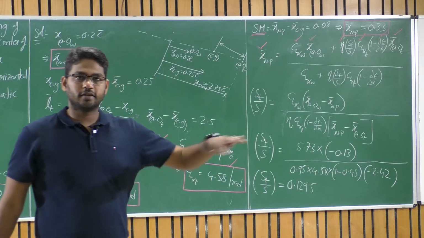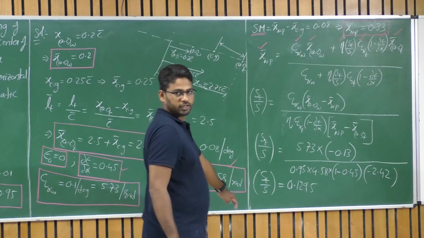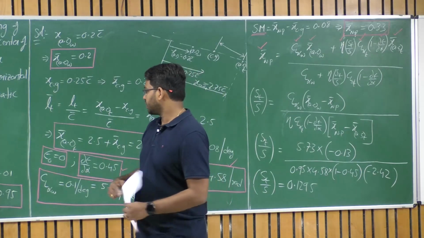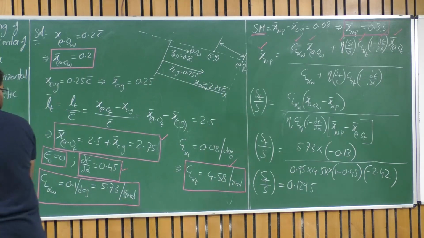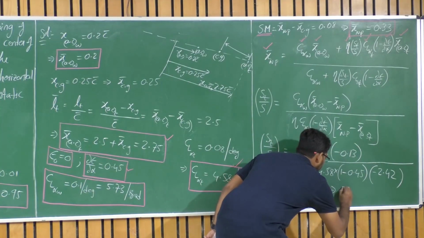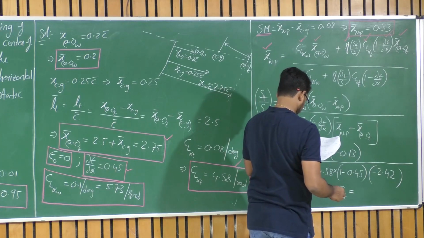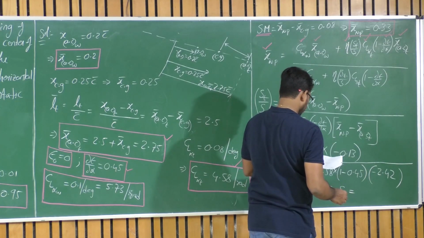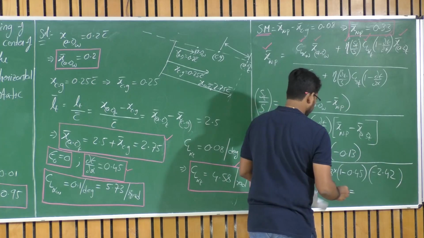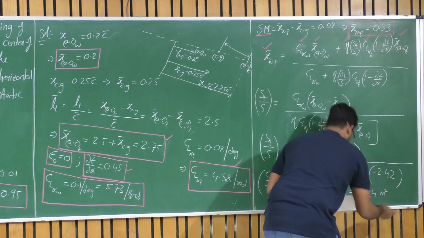So the tail area is 13% of the wing area, just 13% of wing area. So the wing area you have is 25 meters square. So what will it be? This implies St equals 0.1295 multiplied by 25, which is 3.24 meters square.